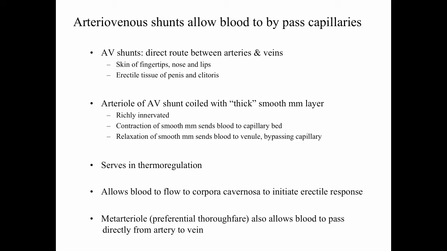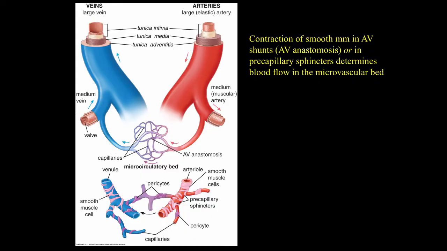And then there are structures that are called metarterioles, so-called preferential thoroughfares, that also allow blood to pass directly from an artery to a vein. And so what I want to do is focus on this part of the diagram, and you can imagine that if you were to contract smooth muscle in this blood vessel, you might prevent blood from getting into this portion of the capillary bed.